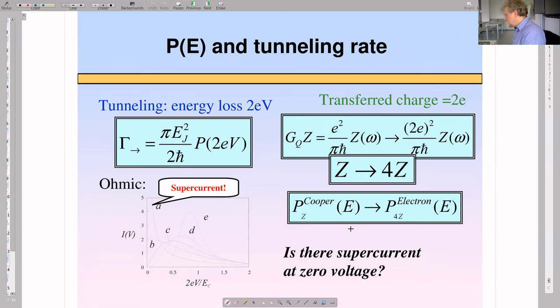This energy should be disposed to the environment, so the rate is proportional to this function P of E, the probability to have energy loss. Right, and the coefficient is just the amplitude squared, Josephson energy squared. That gives us the current, the number of Cooper pairs per unit time at a given voltage. We see that this is directly proportional to P of E.